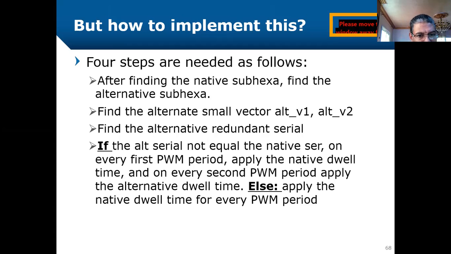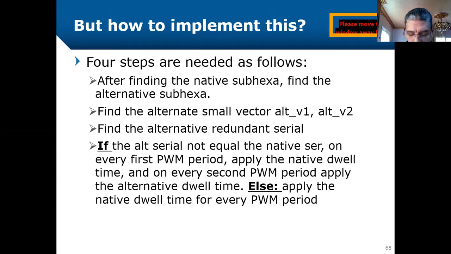So on every first PWM period, we apply the native dwell time, and on every second PWM period, we apply the alternative dwell time. Else, we apply the native dwell time for every PWM period. Else applies to the case where the alt serial is equal to the native serial.